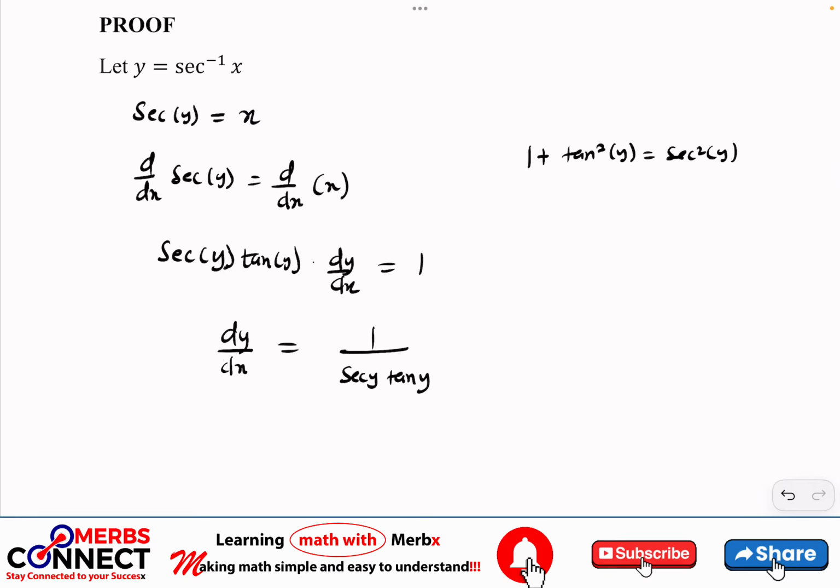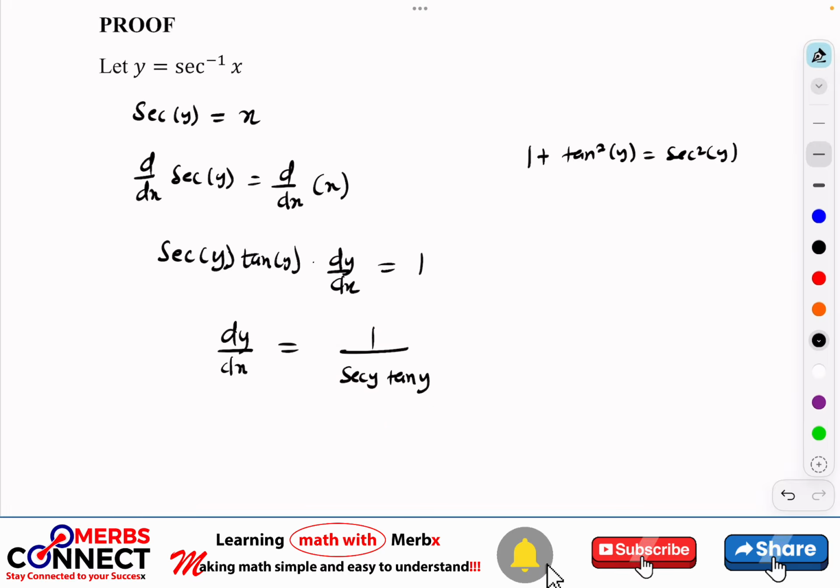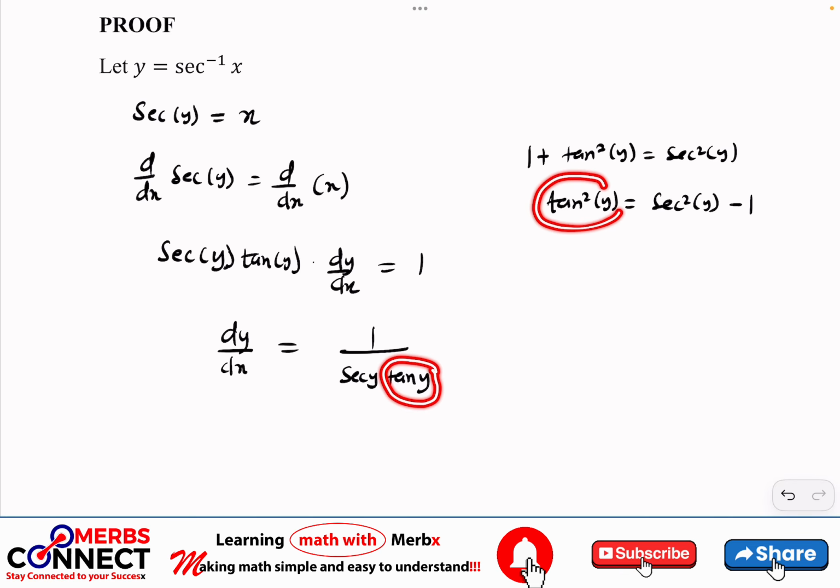Great. So now we can make this one the subject to make sure that we don't have tangent inside our formula here. If I want to make tangent the subject, then tan squared of y is equal to secant squared of y minus 1. Then I need tangent of y, not tangent squared of y.